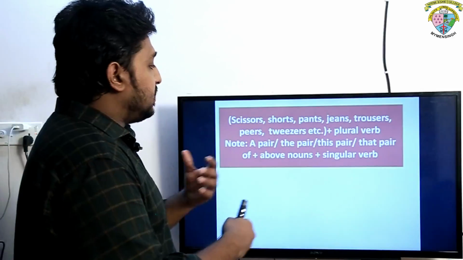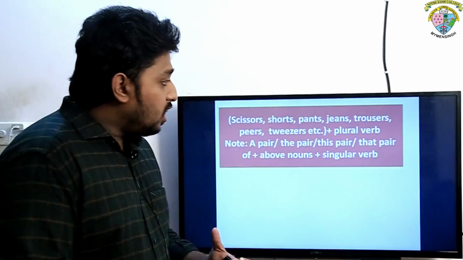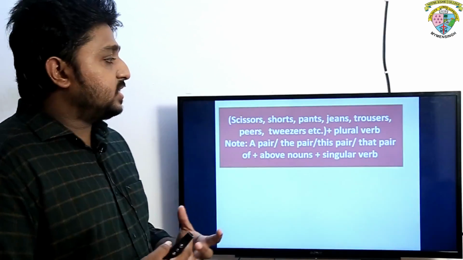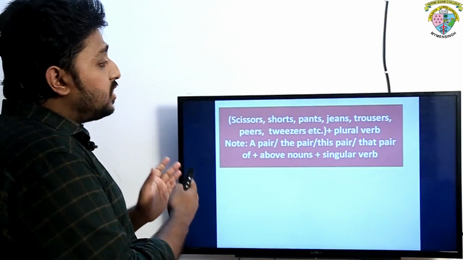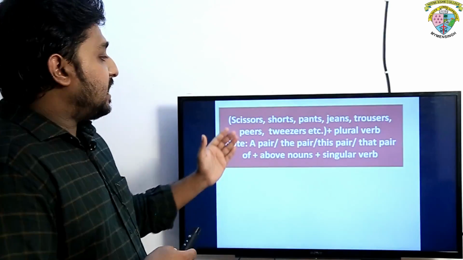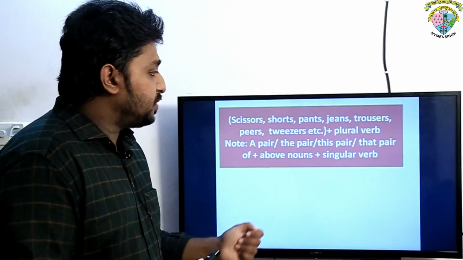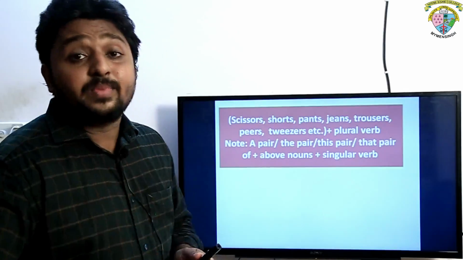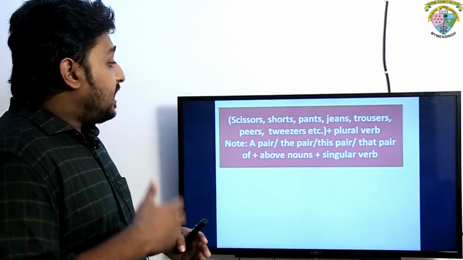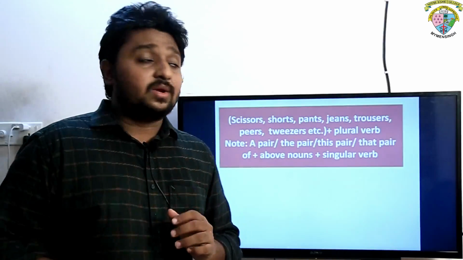I want to repeat the nouns actually: scissors, shorts, pants, jeans, trousers, pears, treasures, etc. They always receive plural verb. But the problem is that when you use a pair of, the pair of, this pair of, that pair of before, that time you have to choose singular verb.